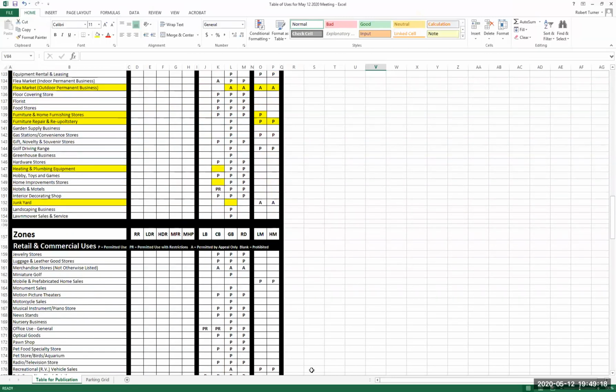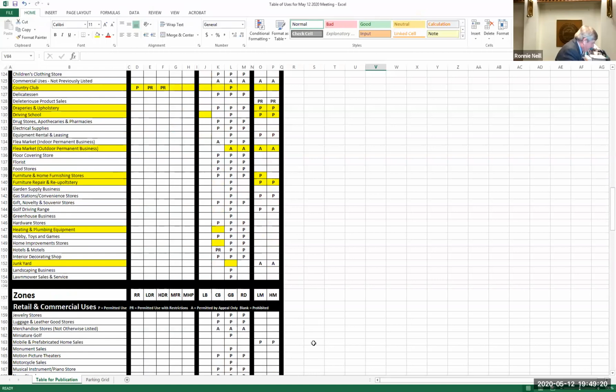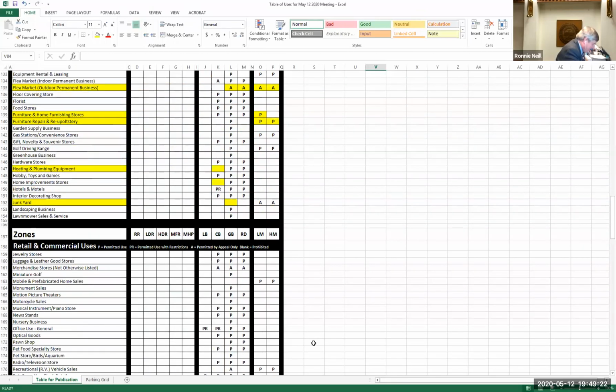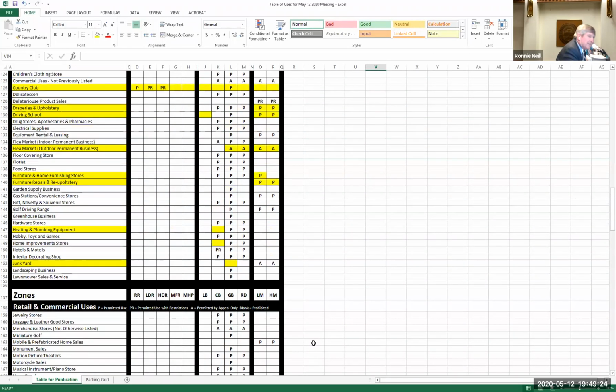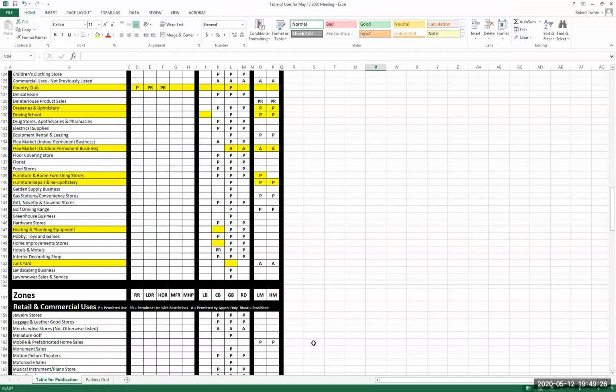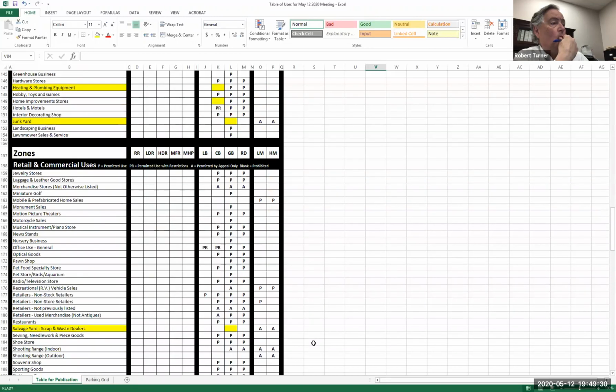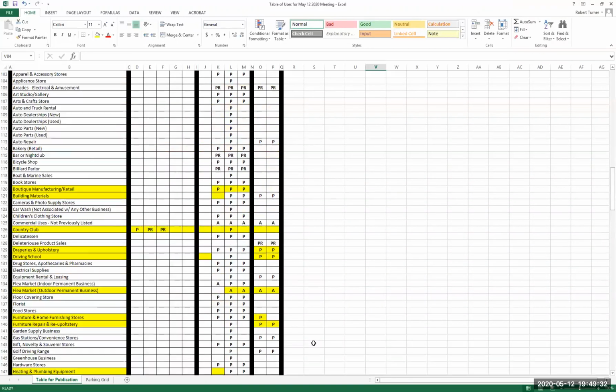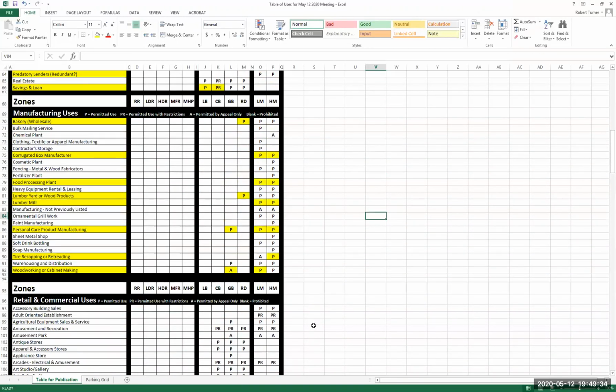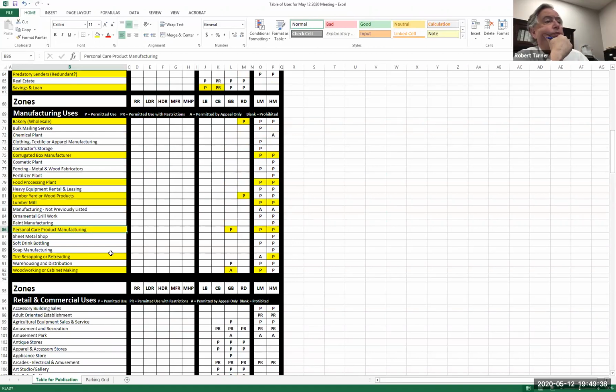All right, again, we have personal care product manufacturing allowed in the general business. That's Memphis Contract Packaging. So I wanted to allow that type of use in general business because that's where we are.